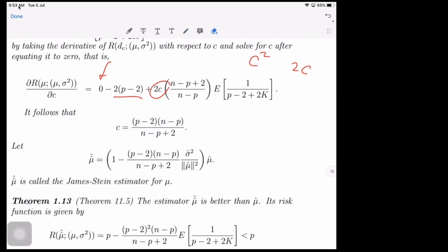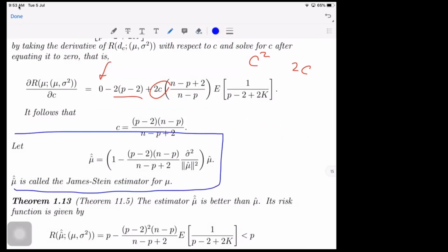So we see that the risk is smaller than P. Compare it with your y bar, which is our mu hat, which is just equal to this formula, and compare it with this formula.